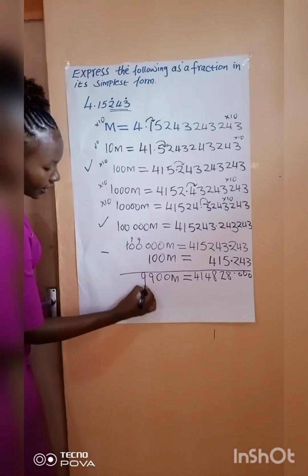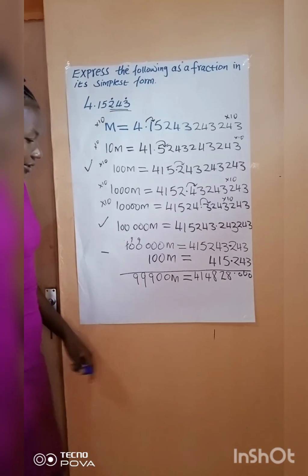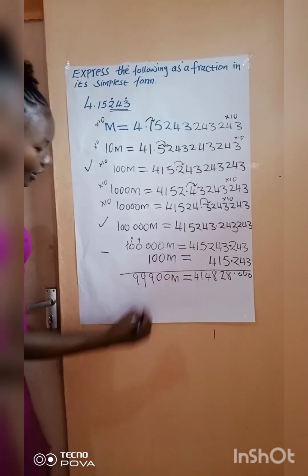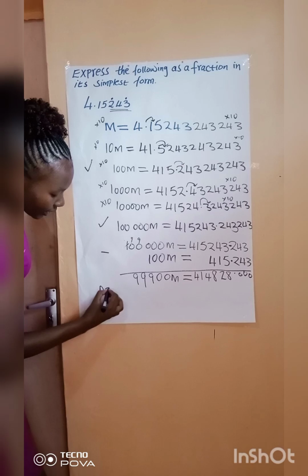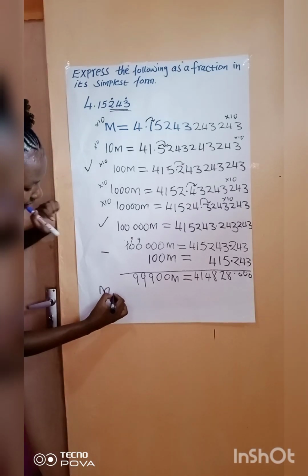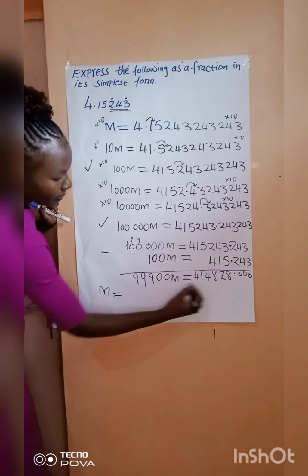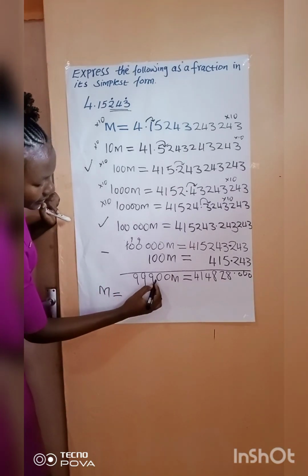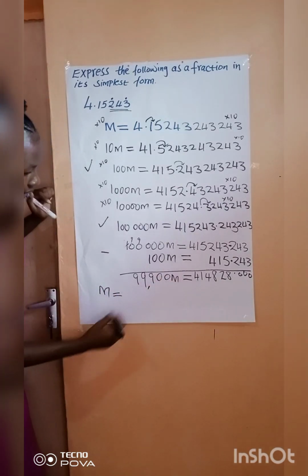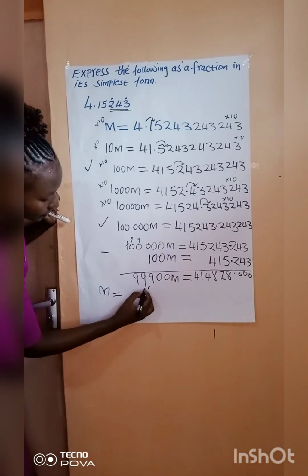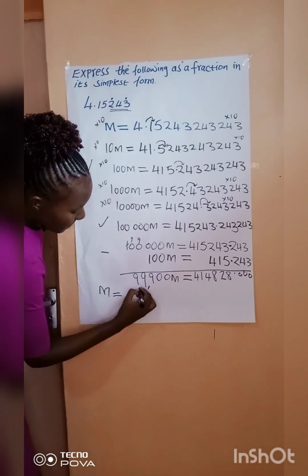And this is 9. So I can get the value of m here. So I can write m is equivalent to, I divide both sides by 99,900.